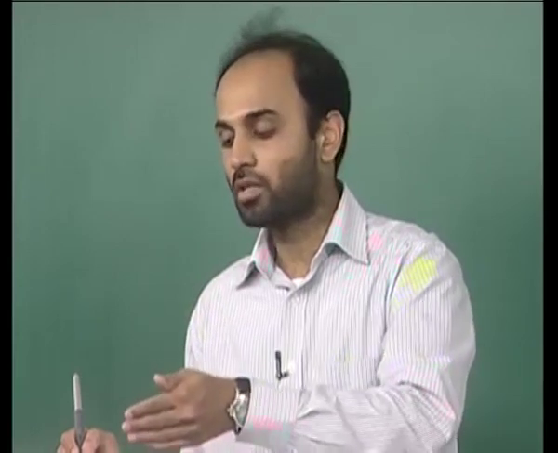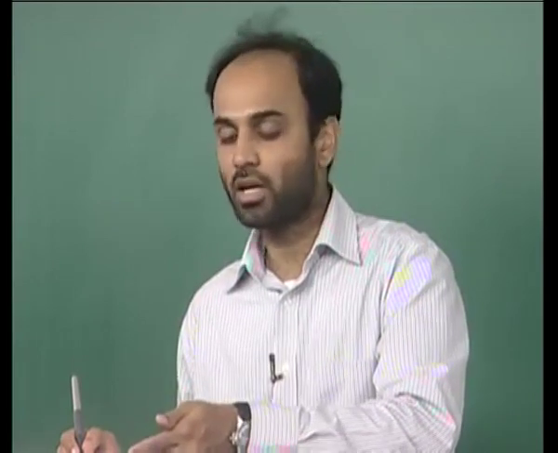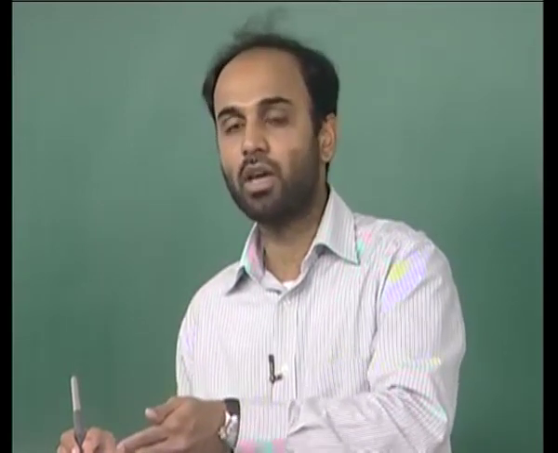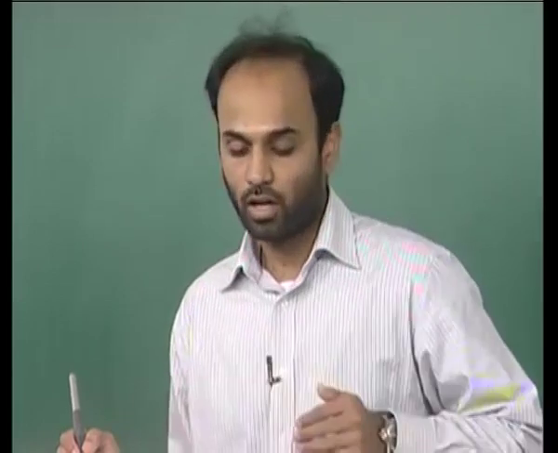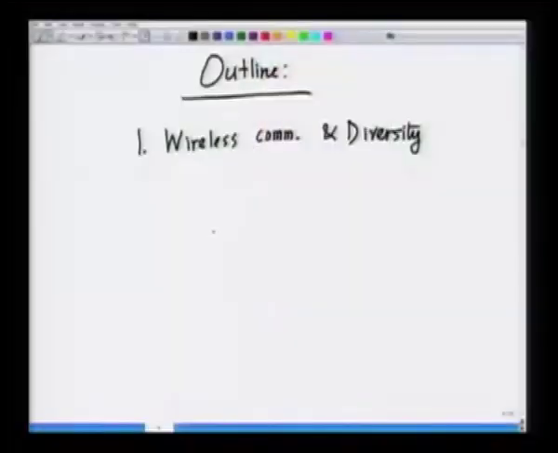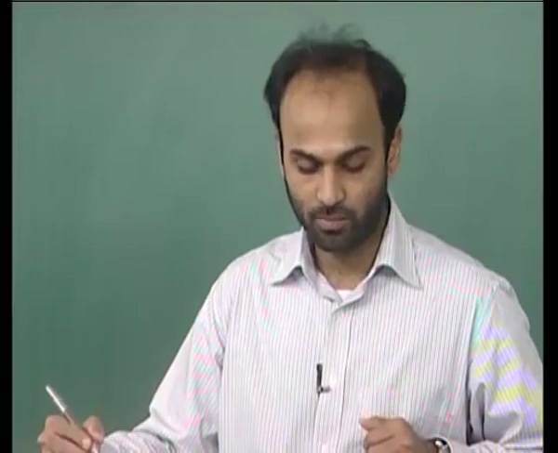The complete outline, including all the subtopics that we cover in each topic, is given on the website. So, if you want more details, please go to the website. Here I will just describe the major sections that we will cover in the course. The first major section is wireless communications, a general introduction, and diversity, which is a key feature of every 3G and 4G wireless communication system.